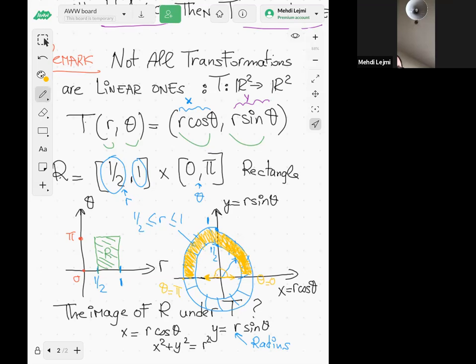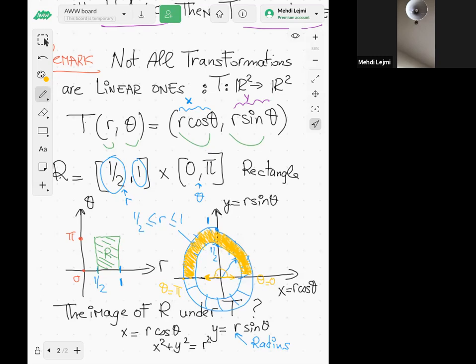So what we are saying here, guys, is that the image of my rectangle R is not a rectangle or a parallelogram. It's actually the half of the annulus. You see in this case the image of a rectangle is not necessarily a rectangle; it's a half annulus.